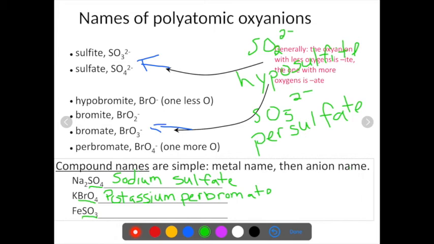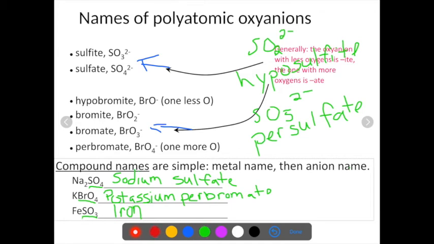Okay, and then we have FeSO3. Fe is iron, and here you need to recognize iron is one of your metals that has multiple ions, so I'm going to have to put the charge in the name. Potassium and sodium only have one ion, so I didn't need the Roman numerals. SO3 has a -2 charge.